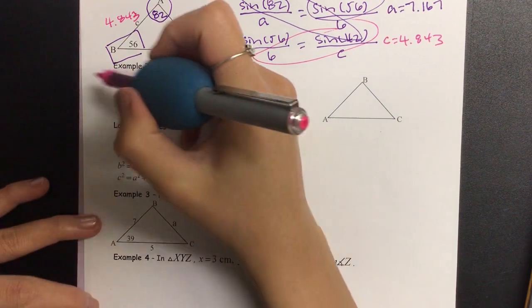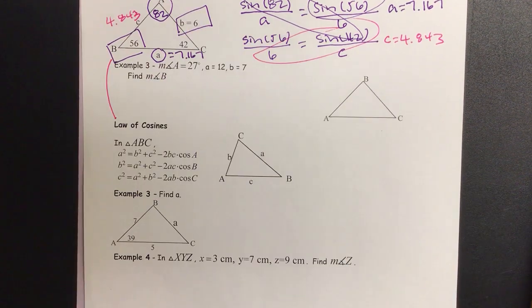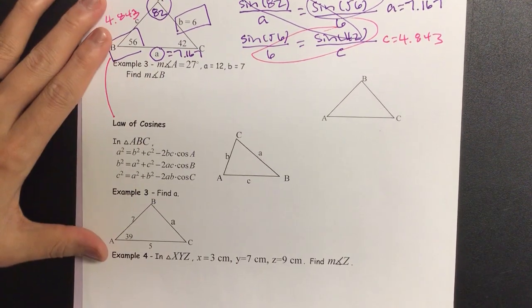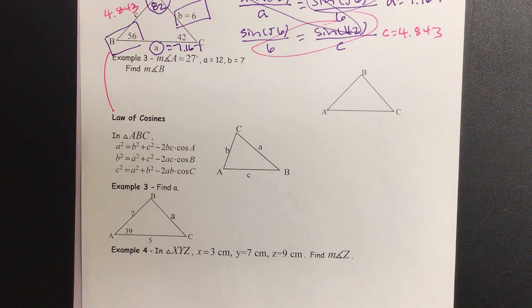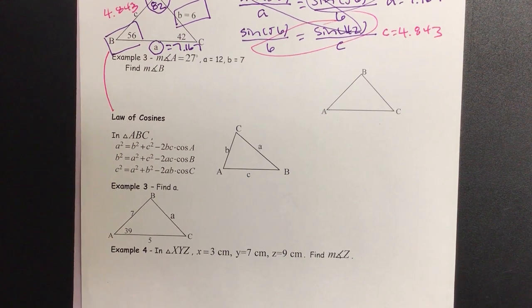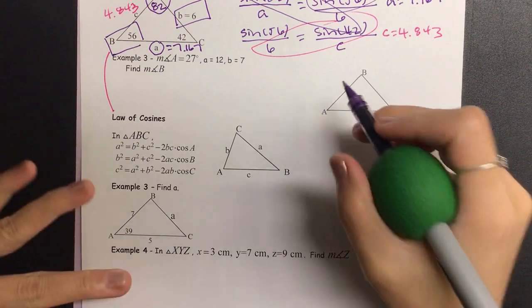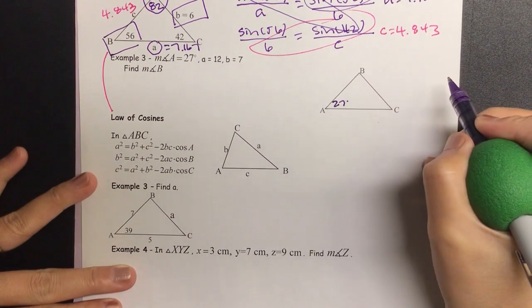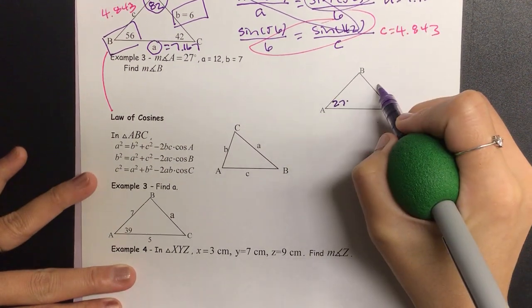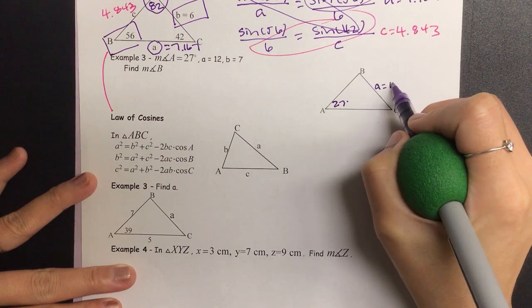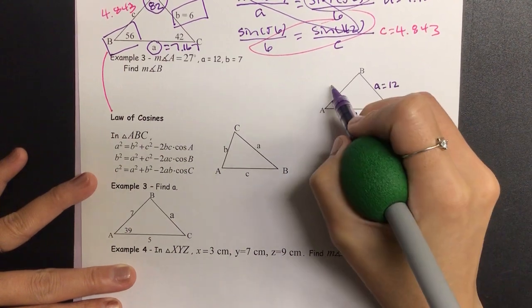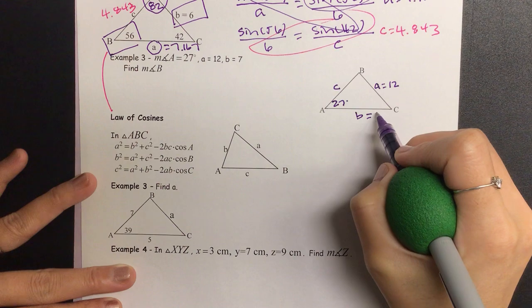Okay, let's try example 3 with a neighbor. Talk to your partner. I would start by labeling in the figure given. So little a. Find angle B. They didn't give us much information.